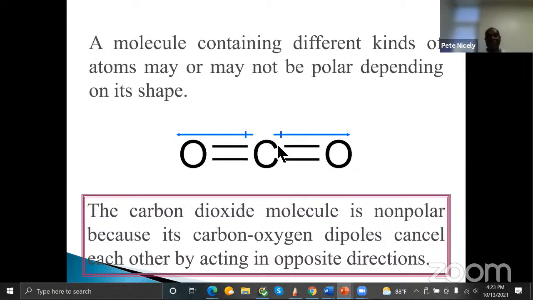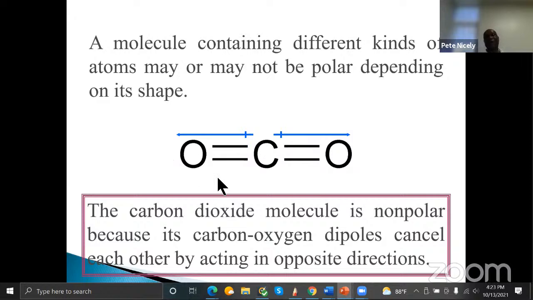So here we have a situation where we have two dipoles that are equal in magnitude and they're acting in opposite directions. And therefore, what that means is that the dipoles will cancel out each other. And therefore, even though this molecule contains polar bonds, the molecule itself will be nonpolar. And it's nonpolar because the dipoles within the molecule cancel out each other.